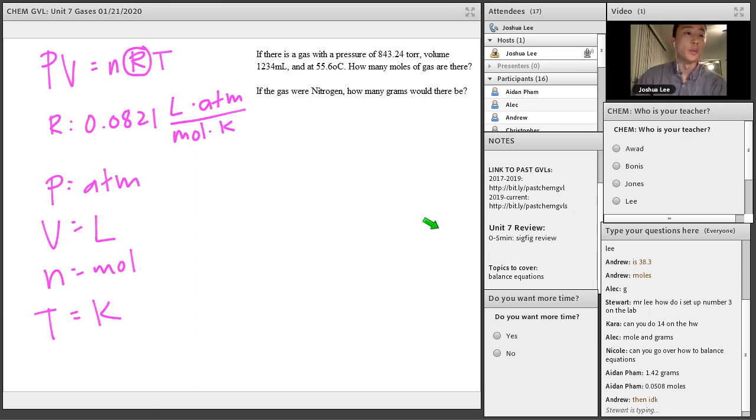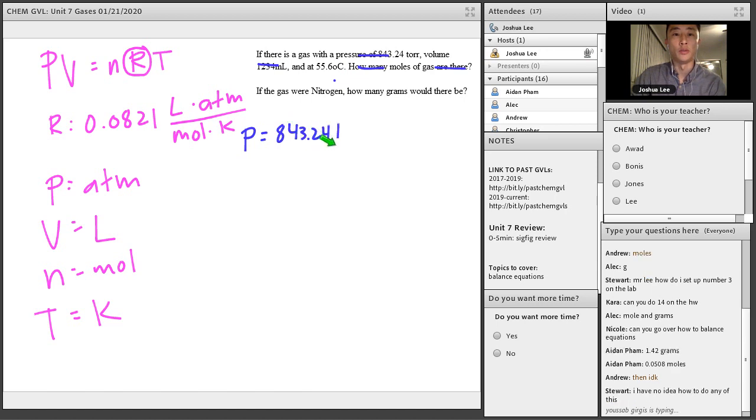All right, so this is ideal gas law, so we need to use the ideal units. And we know it's ideal gas law because we're given a pressure, a volume, a temperature, and we want to know number of moles. So I'm given a pressure, 843.24 torr.